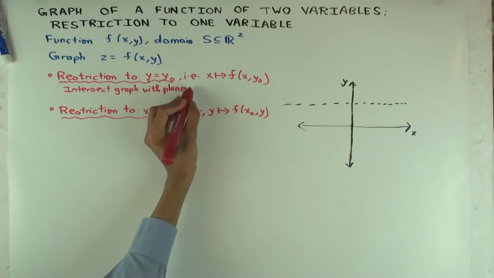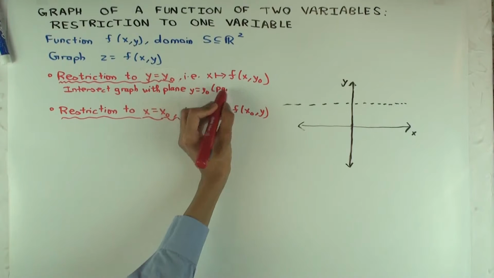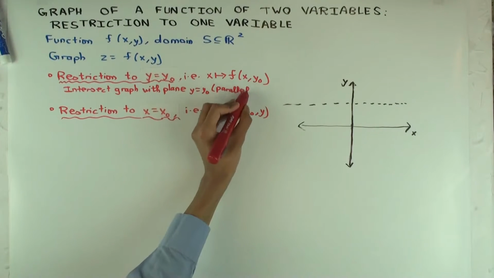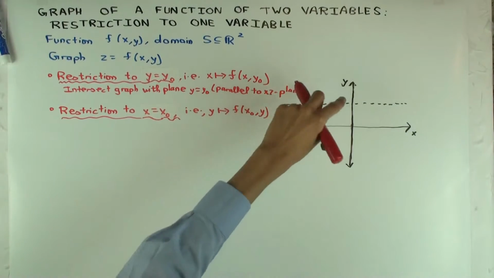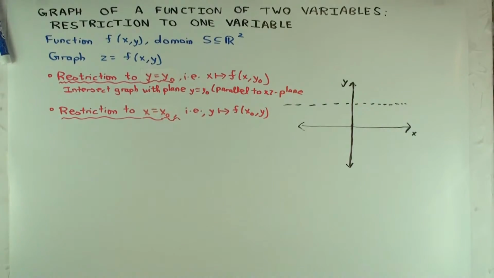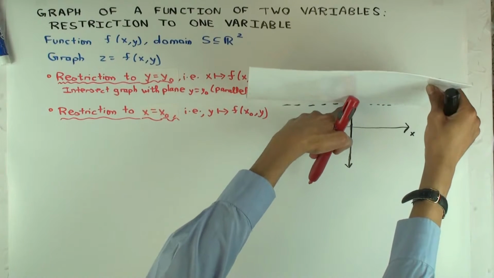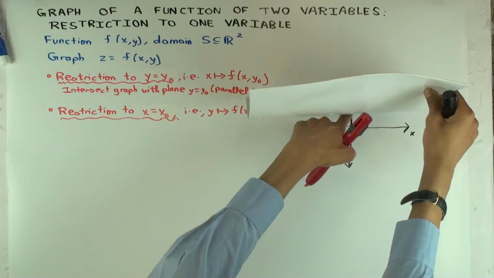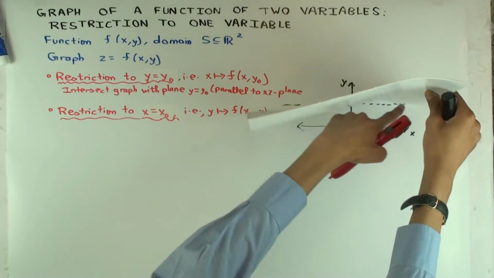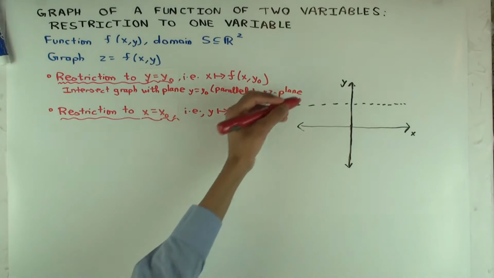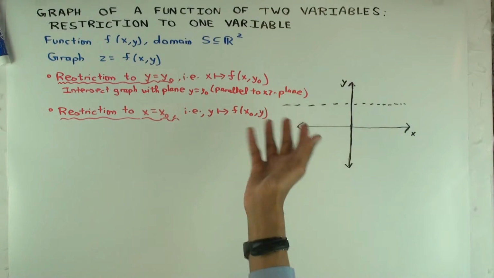And now in that plane, that intersection is just the graph of this function, the function which sends x to f of x comma y naught, where you just set this point as the origin. So you'll have a plane like this, and you'll be setting this point as the origin. This z-axis is the function axis, and this axis, which is parallel to the x-axis, is the input axis. Okay, and so you'll get a picture of a graph that you can interpret as the graph of a function of one variable.